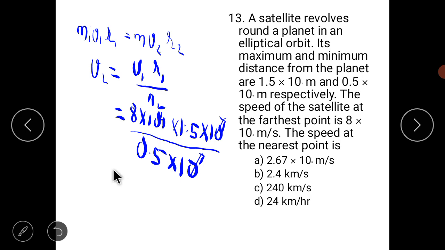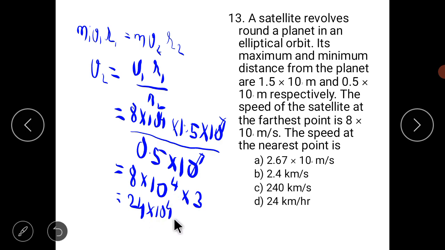So here we can write 8 into 10 to the power 4 into 3. So 8 into 3 is 24, so 24 into 10 raised to 4. The unit is meter per second.